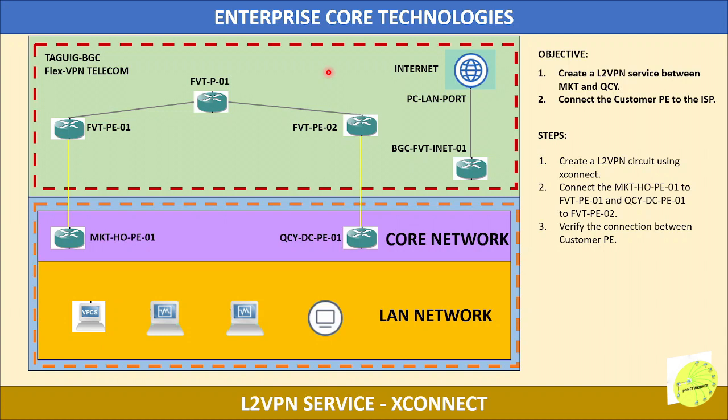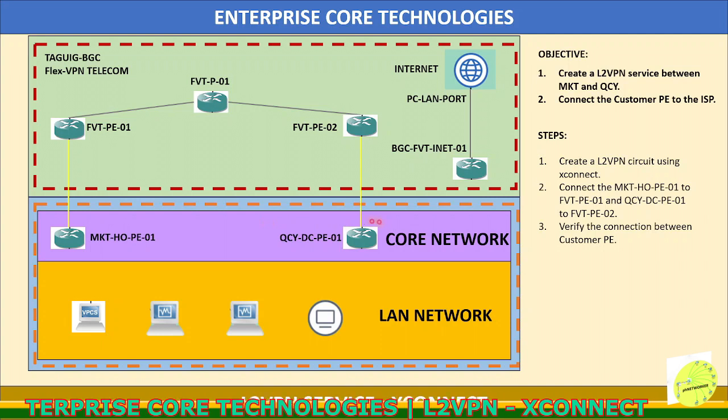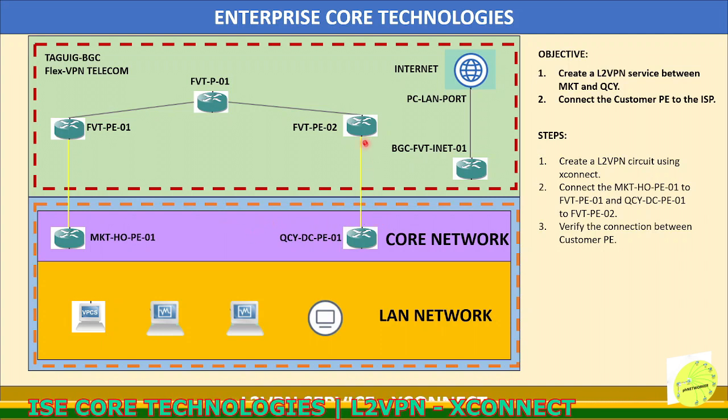Our objective for today is to create a L2VPN service between MKT and QCY, and then connect the customer PE to the ISP. So now we're going to connect the MKT PE, the core network, to the ISP as a usual setup.